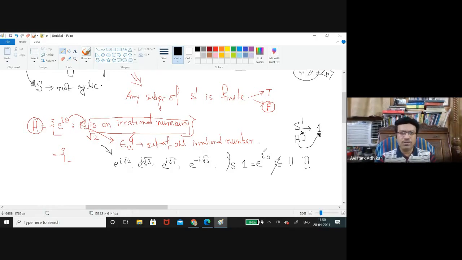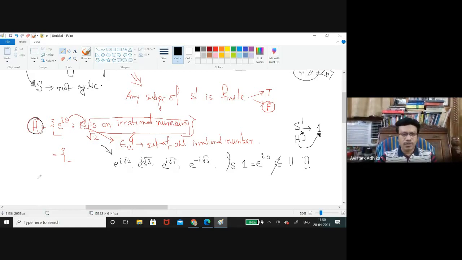The way that you have defined the subset, 1 is not contained within this H. As a result, H can never be a subgroup of S1.